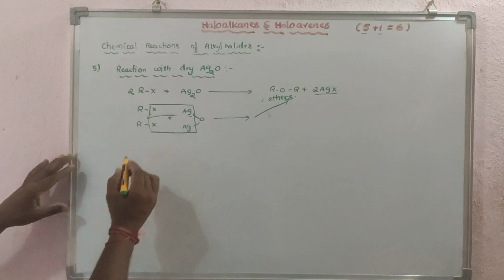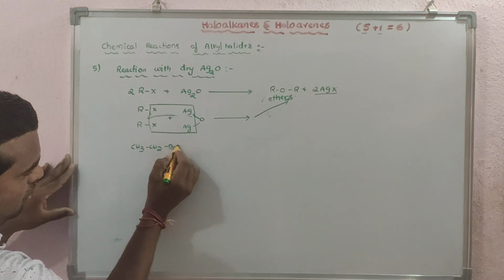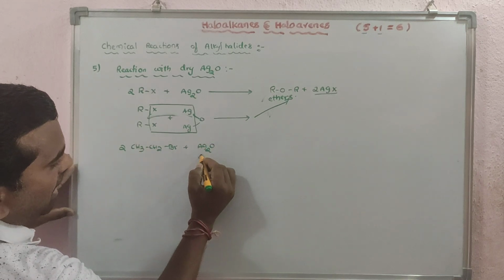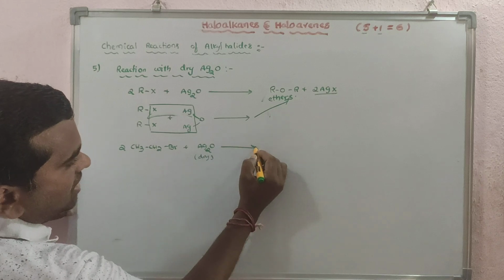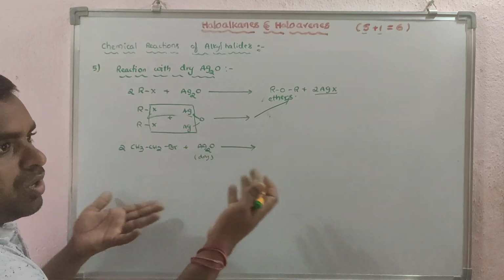Simple example, shall I take CH3CH2Br, take 2 moles, and dry Ag2O, it should be dry. Dry means there is no water, so it won't be converted into alcohol, it won't be converted into AgOH.